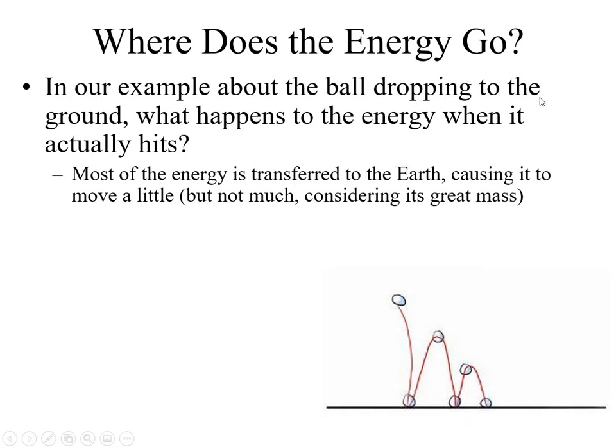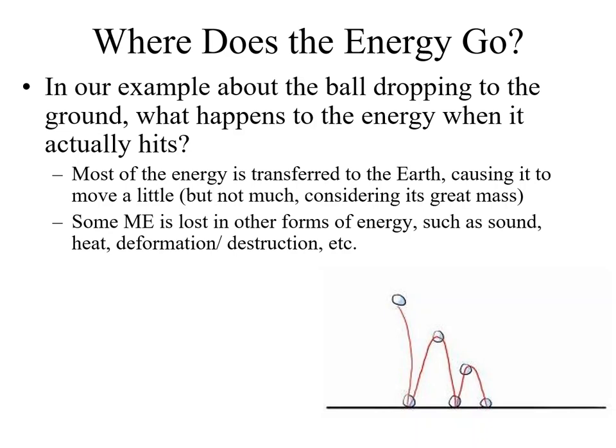Well, some energy was transferred into the Earth, and that did cause the Earth to move a little bit, negligibly, but technically there is some motion. You just can't really tell because of the Earth's giant mass. We know about this because of conservation of momentum, by the way. But then we can also talk about how some mechanical energy is lost in other forms, such as sound and heat.